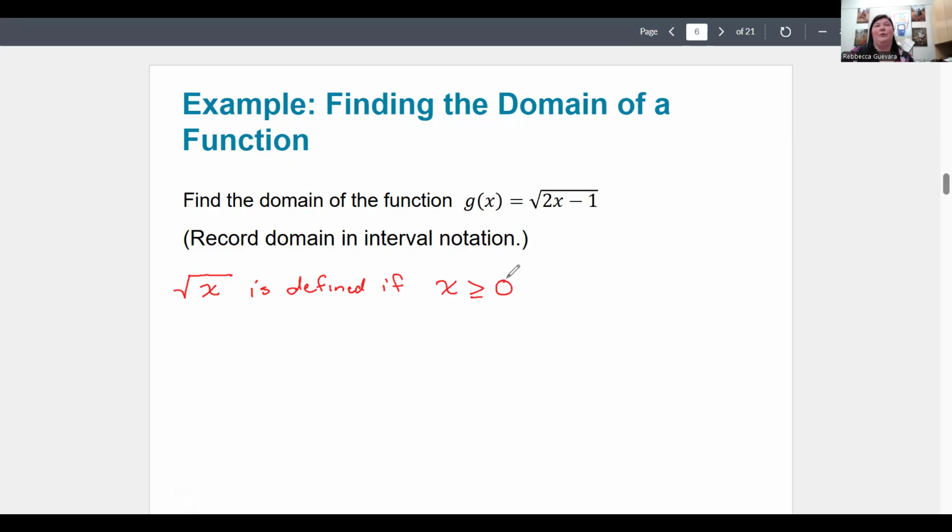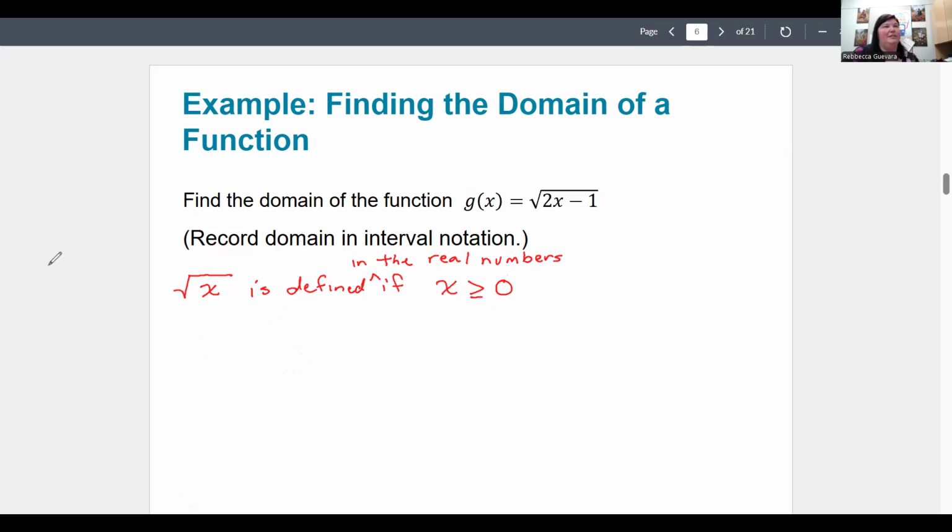But I can't do the square root of negative 4, because the square root of negative 4 in the real numbers is undefined. So we're saying this is defined in the real numbers, which is what we're looking at, if this is true. We can only do square roots of 0 or positive numbers if we're in the real numbers.